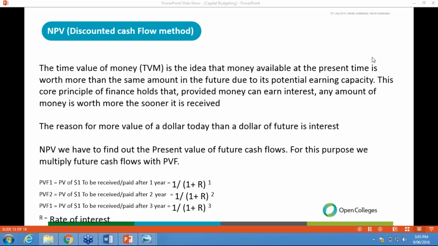For payback period, I think I have explained that the most important advantage is that it's very simple. Of course, payback period and NPV are methods considering cash flows. The cash flow concept is very good compared to profitability because cash flow gives you a clear picture, especially for firms suffering from cash shortage.